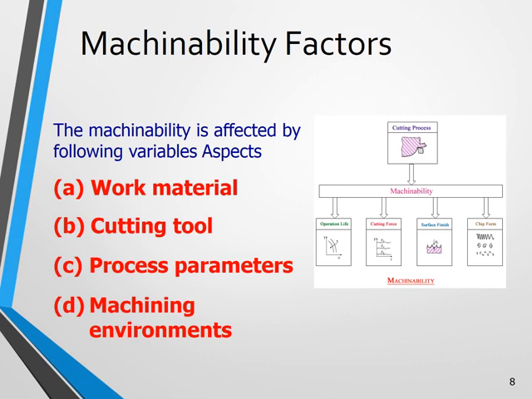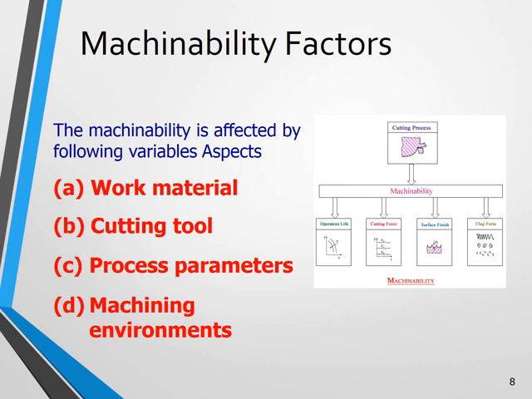The first factor is work material: what is the type of work material, what are its properties, and all those things will determine the machinability. Second is the cutting tool: what cutting tool we are using, what is its geometry, what is its material. All those things will also determine the machinability.